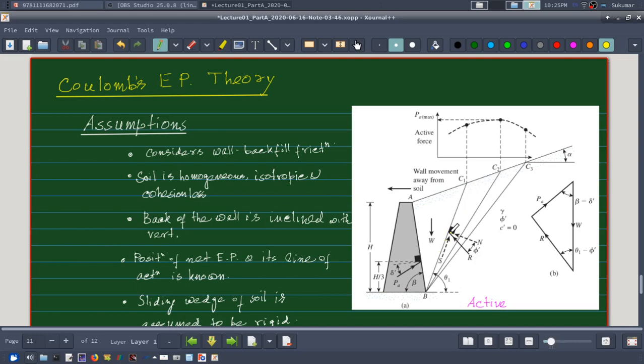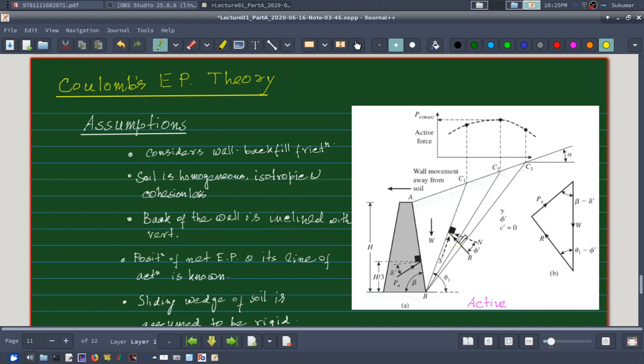Okay, and therefore in the active case, since my shear resistance is working upward, the resultant of this normal force and an upward force will give me the resultant of the total force on the failure surface at an angle phi, because soil to soil friction is happening.